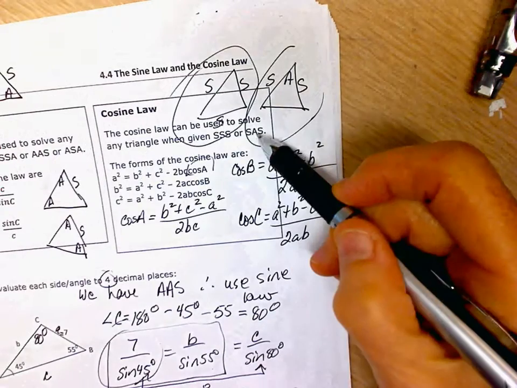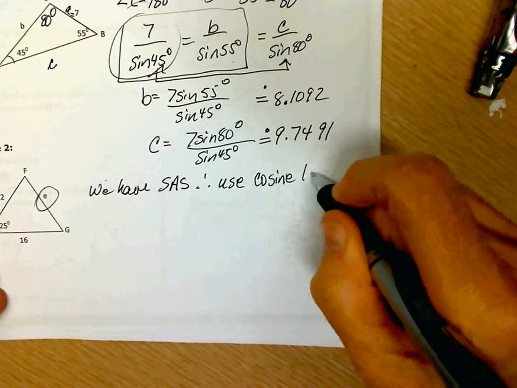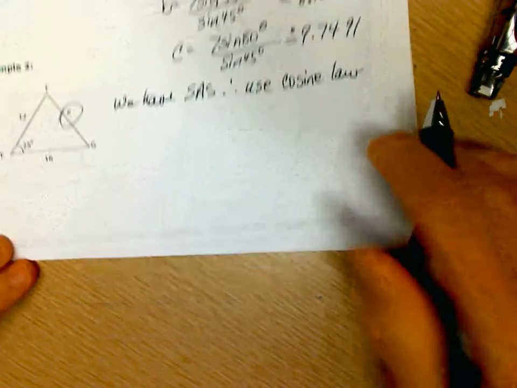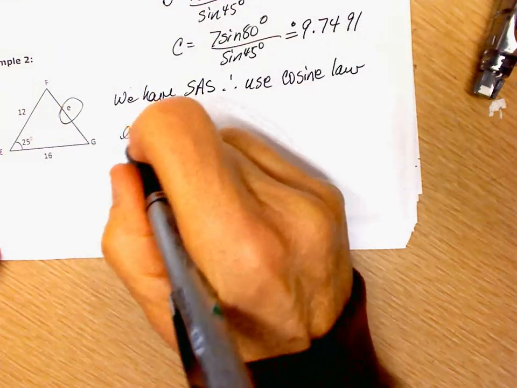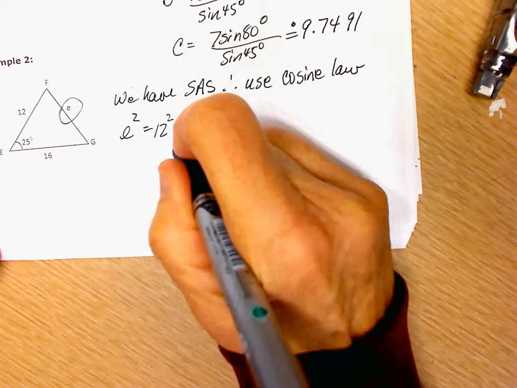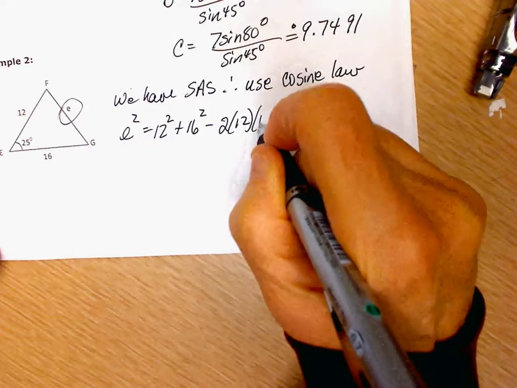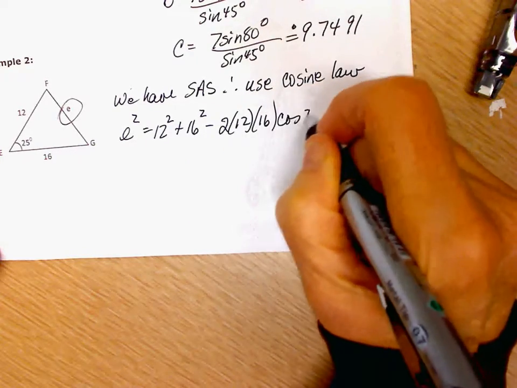Side, angle, side. Okay, so right away we know E squared equals 12 squared plus 16 squared minus 2 times 12 times 16 cos of 25 degrees.